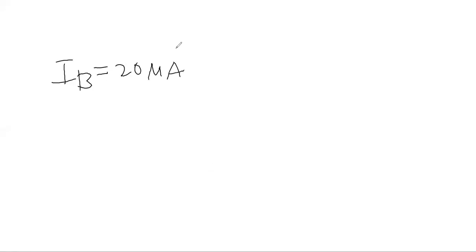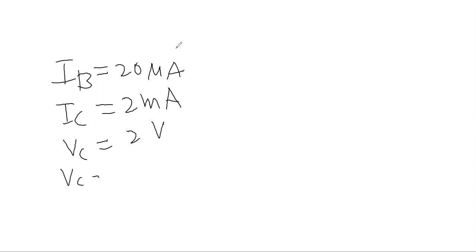So IC will be equal to 2 milliamp, and the drop across RC will be 2 volt. And VCE will be equal to, if 2 volt is subtracted from the 5 volt, 3 volt.